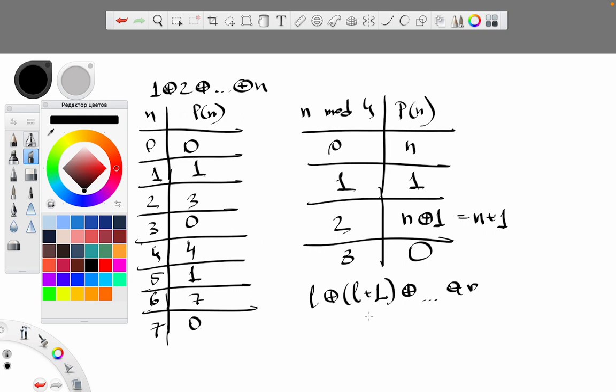So this thing is equal to the prefix XOR of l minus 1 XOR the prefix XOR of r. And we want it to be equal to v. Let's iterate over all possibilities for L and R modulo 4. Then we know L minus 1 and R modulo 4.